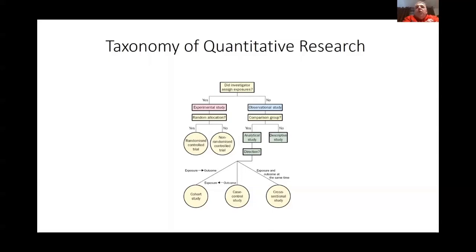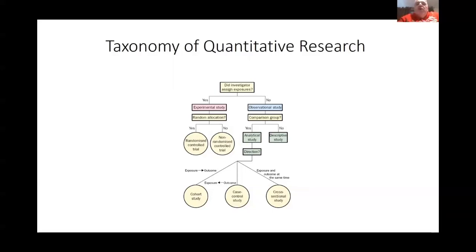If I'm observing only one group without a comparison group, this is what we call a descriptive study. So a descriptive study is any observational study design with one group, while an analytical study is any observational design that has two groups, one exposed and one non-exposed.